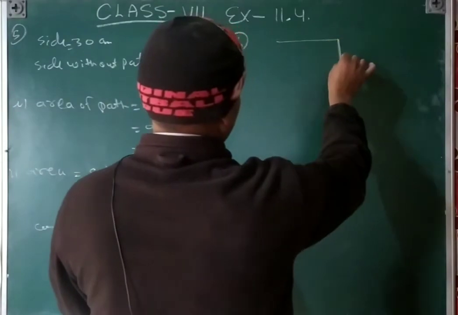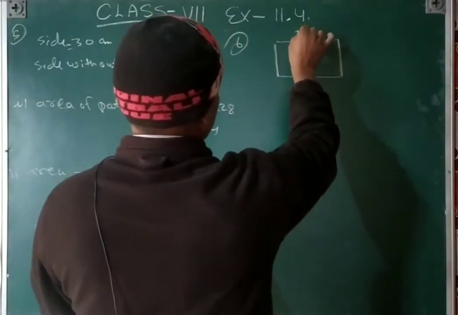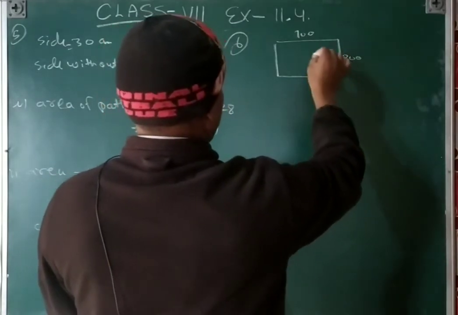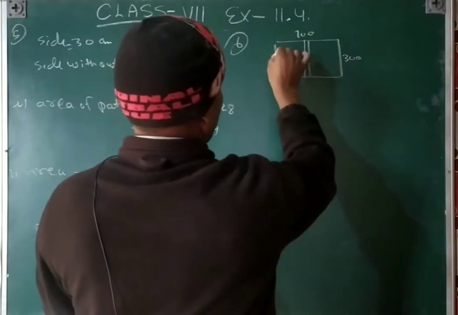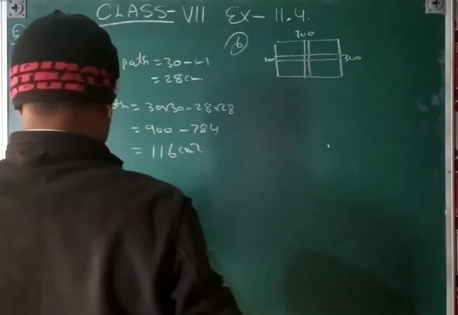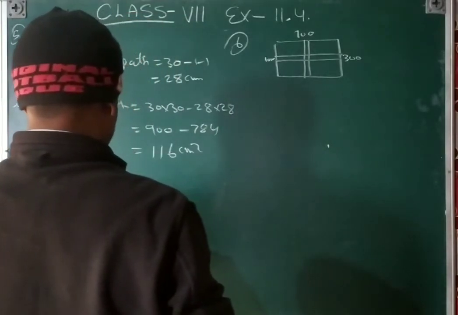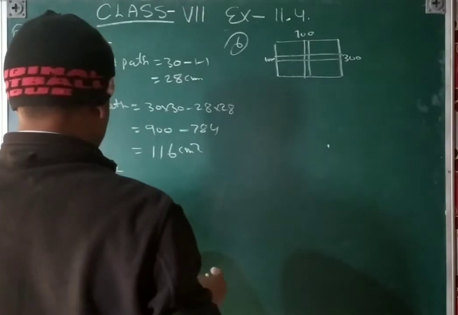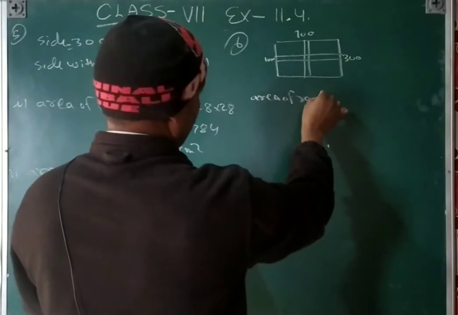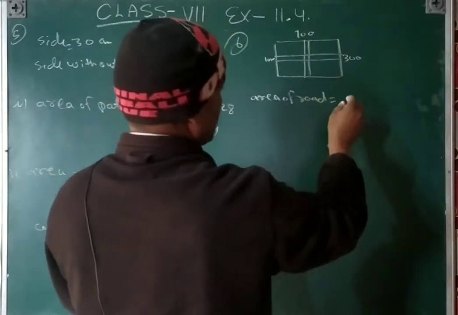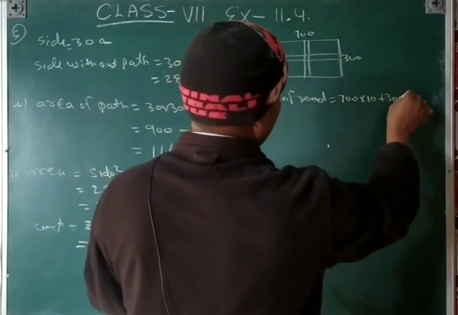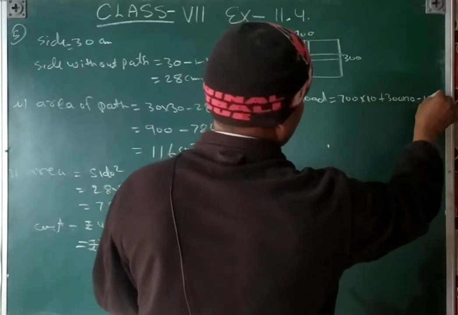So first of all we draw it, that is 700, and then that is 300, and then 2 roads cut, this one road and this one road. This road width is 10 meter. So we need to find the area of road. Area of road is equal to 700 into 10 plus 300 into 10 minus 10 into 10.